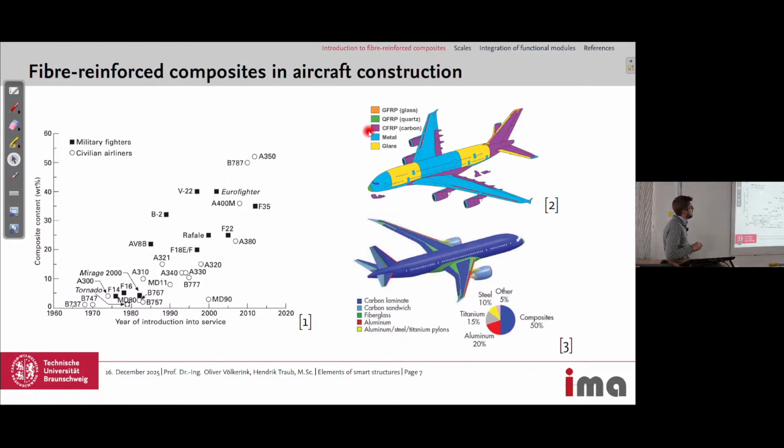And the purple ones are carbon fiber reinforced plastics. And the yellow ones are GLARE. Does somebody know GLARE? Yeah, it's a fiber metal laminate made from GFRP, glass fiber reinforced composites, and also aluminum layers to have an improved fatigue resistance of aluminum structures.